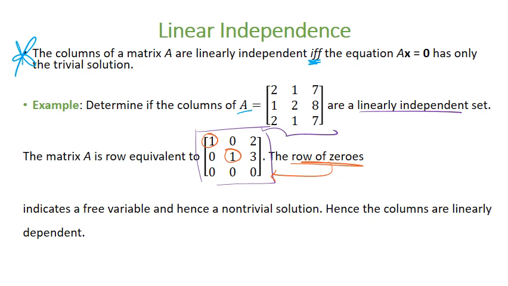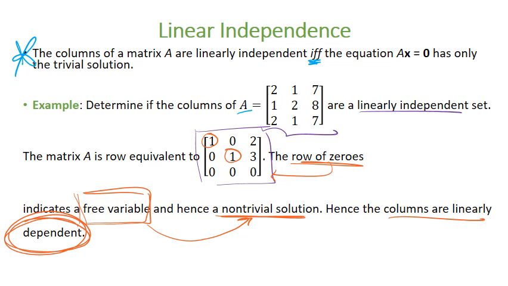If that free variable exists, then that tells us that there is a non-trivial solution other than that trivial solution of x equals 0. And if there is a non-trivial solution, then we can conclude that the columns are linearly dependent.